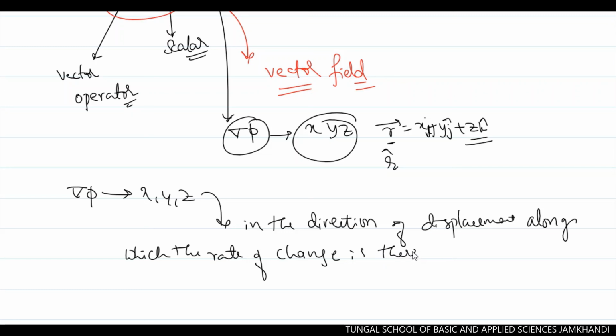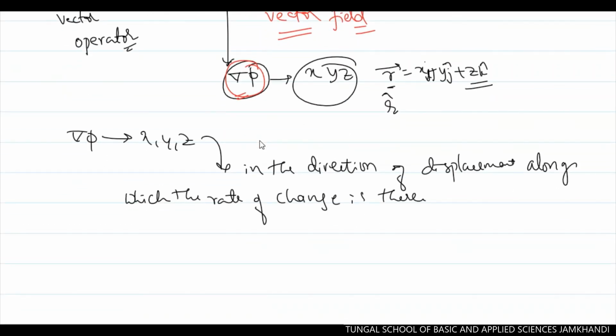Or you can also define this del phi as the maximum rate of change along which its direction of displacement along this particular coordinate system is also a maximum one. So that's why it is nothing but a displacement vector or directional derivative.